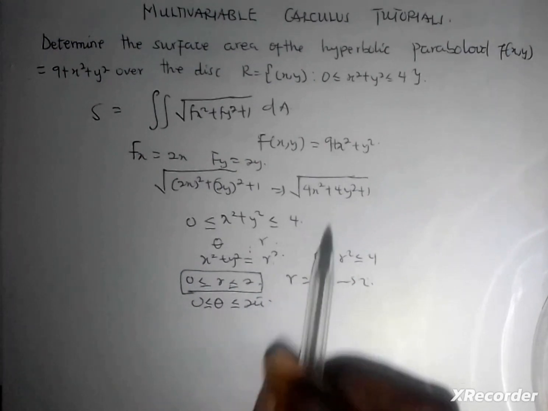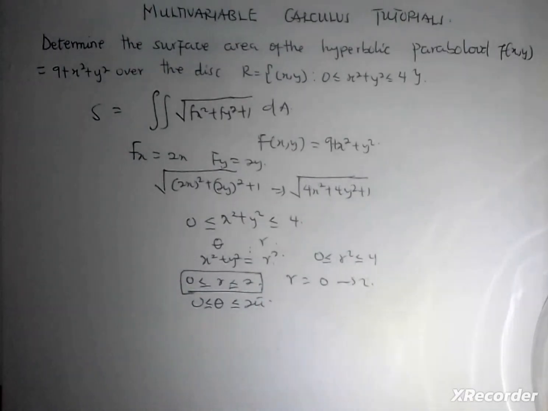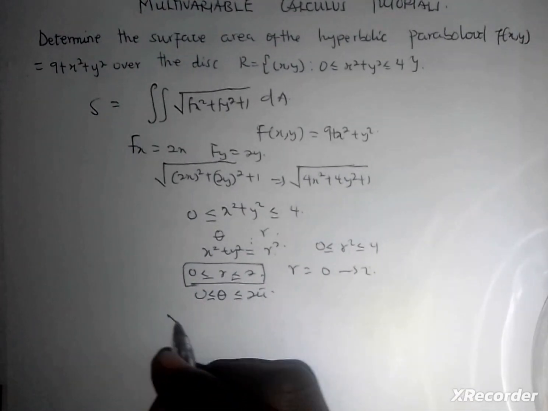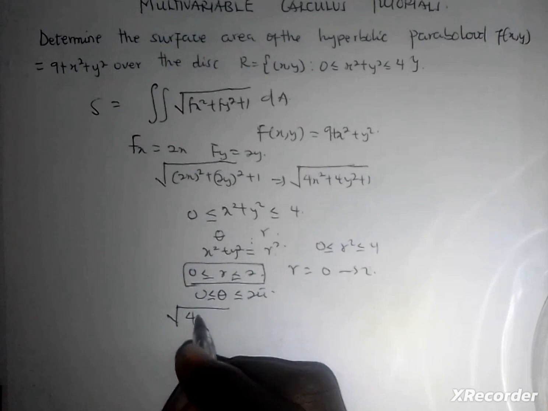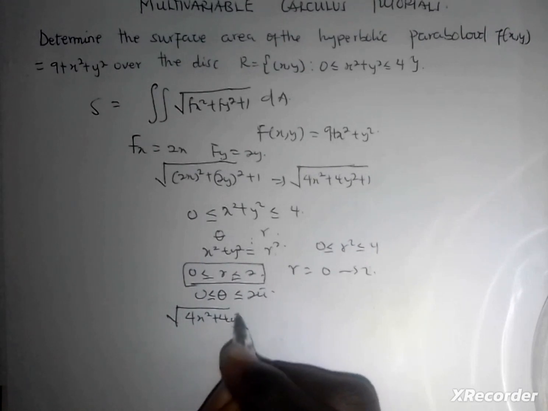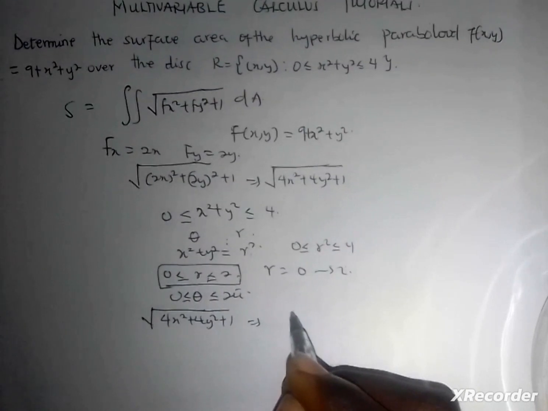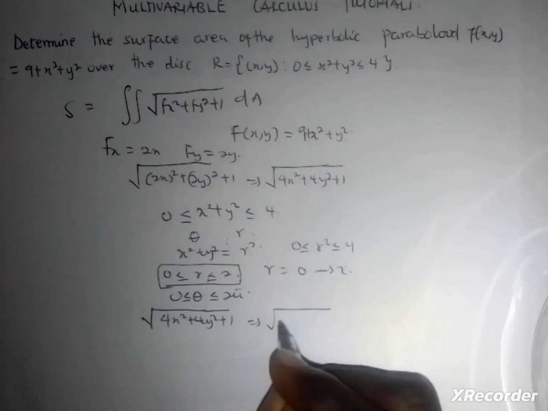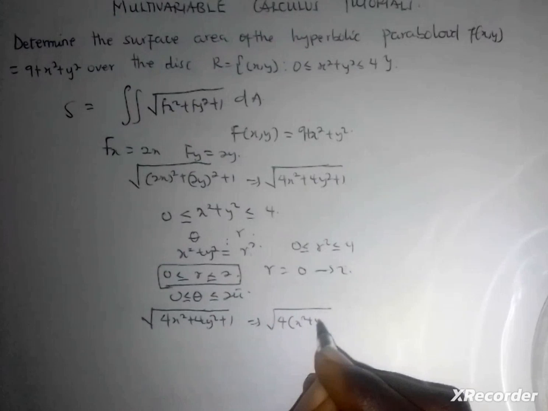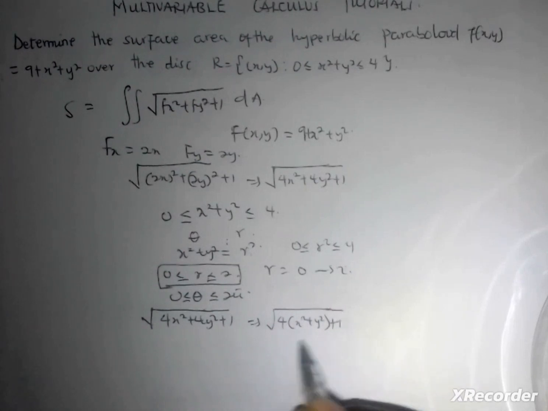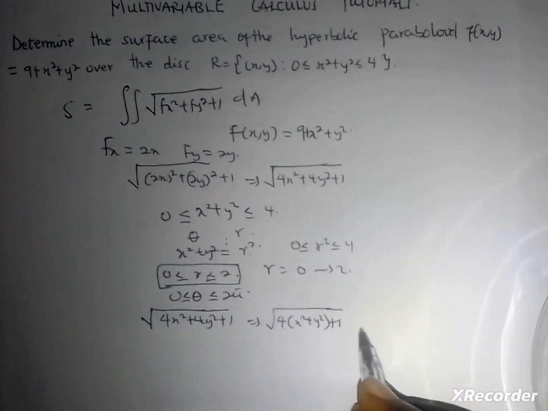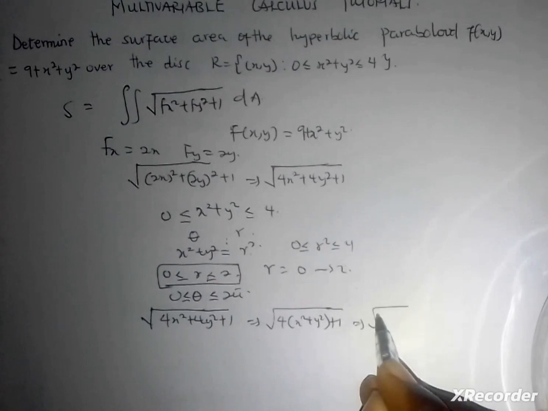Then finally we come to the function. We convert this function to polar coordinates. For the square root of 4x squared plus 4y squared plus 1, we factor out 4 from x squared plus y squared, plus 1. And x squared plus y squared is r squared, so we get the root of 4r squared plus 1.